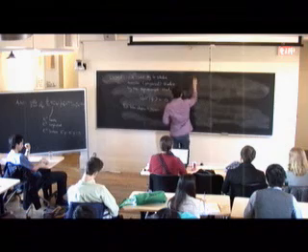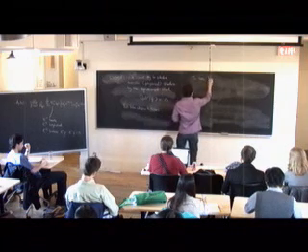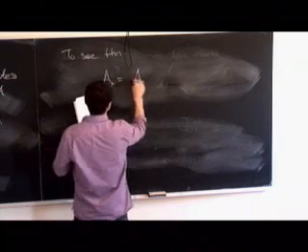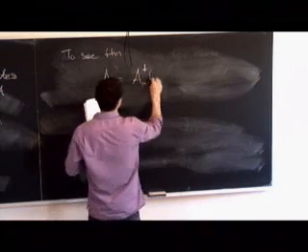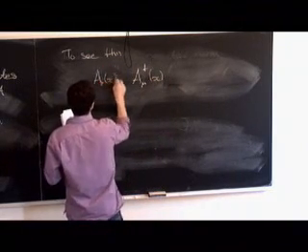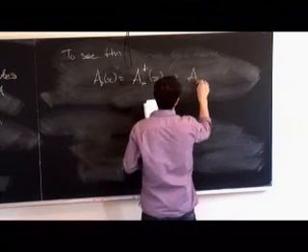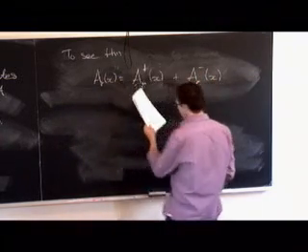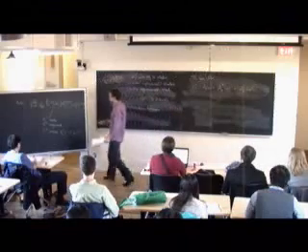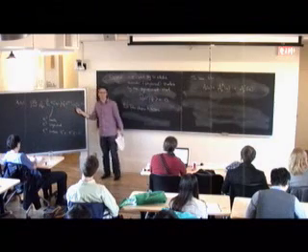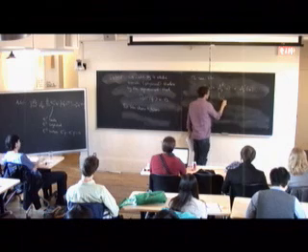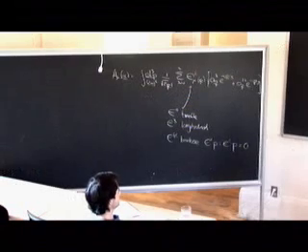And to see this, it's going to save me a lot of writing if I just define this, where A plus is the first guy and A minus is the second. This is the guy that contains the annihilation operator. And this is the guy that contains the creation operator.